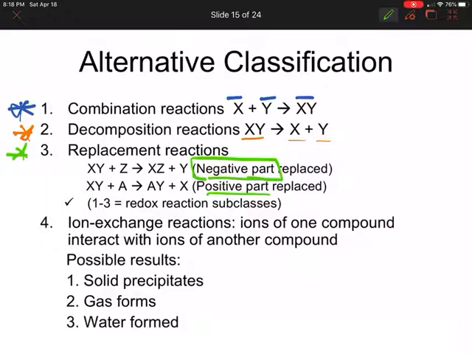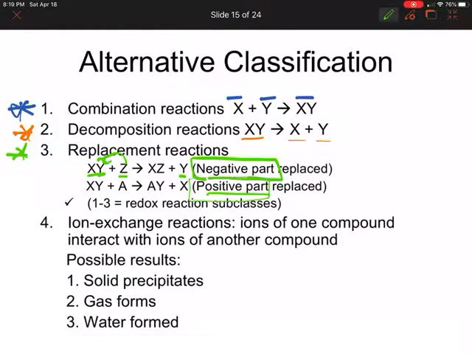You've got X and Y together, and then Z's over here by itself, and then Z comes in and kicks Y out. That's why I call it the home wrecker. And now Y is off by itself. That's the non-metal, because the non-metal was in the back part of the compound.